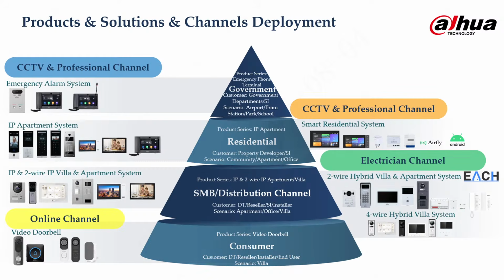The main difference between villa and apartment solution is the number of rooms or flats. So basically in villa solution you can make one call direction to only one flat, except some VTO models, because some can do more. In apartment solution, you have an option to call up to 10,000 flats or rooms from one VTO.